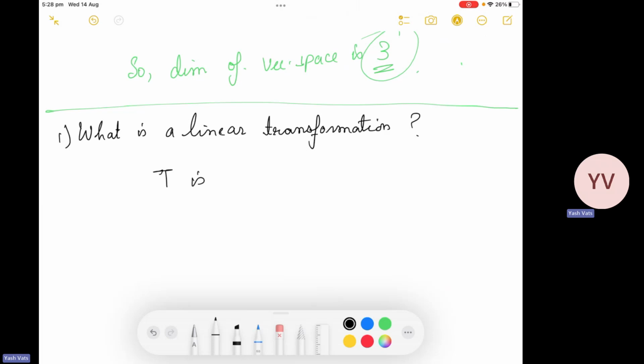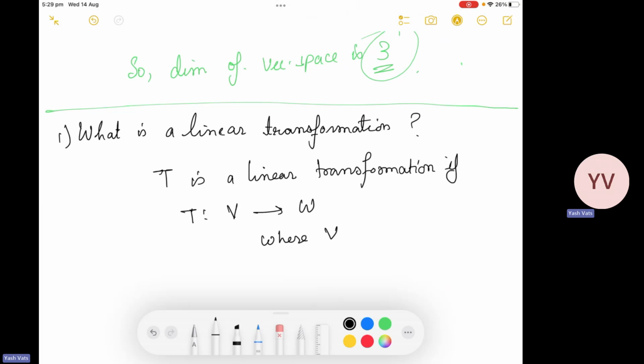T is a linear transformation if T is a map from a vector space V to W, where V and W are vector spaces.